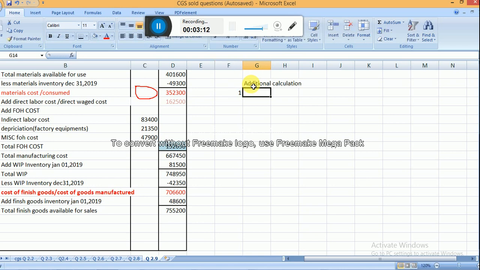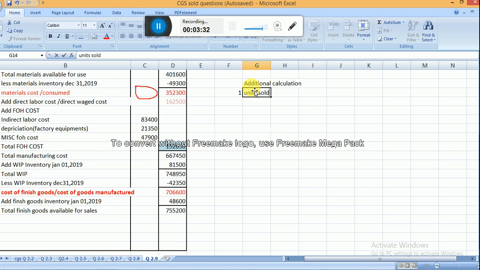Now we need to find how many units we produced in the year 2019. So look at how many units sold.